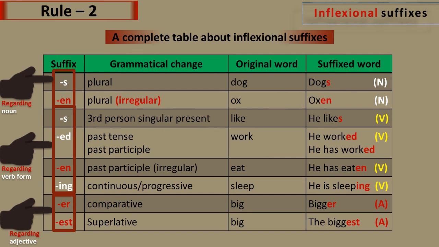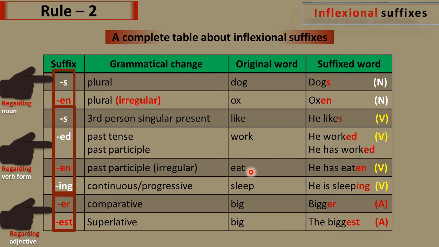Coming to another en, this en is about verbs. Let us see one example: eaten. Eaten is from eat plus en. Eat is the basic word or root word, and en is the suffix.